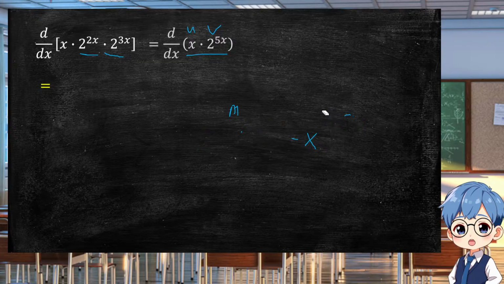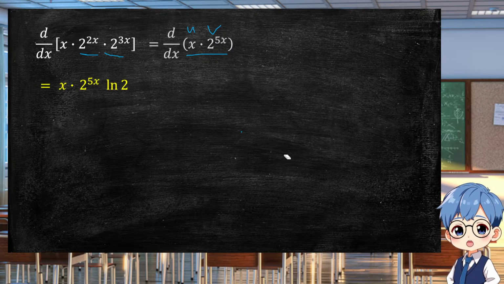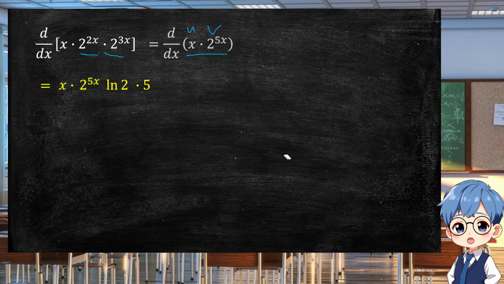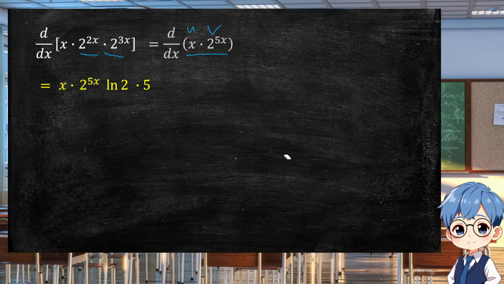So this should give us x times the derivative of 2 to the power of 5x, which is just 2 to the power of 5x times ln of 2 times the exponent. The derivative of the exponent, 5x, is just 5. So that's u dv plus v du. So v is 2 to the power of 5x, then the derivative of x is just 1.